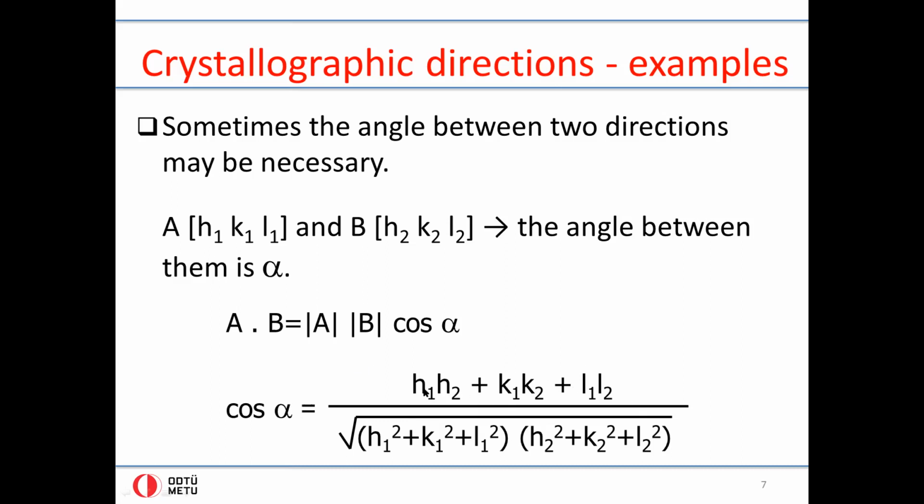So it's by multiplying the first two indices corresponding to the movement along the x-axis, plus the two indices for the y-axis direction, and the two indices along the z-axis direction, and dividing it by this square root, one can obtain a value for alpha that describes the angle.